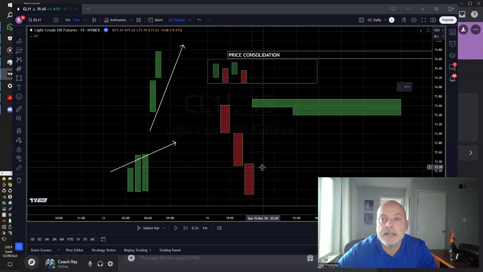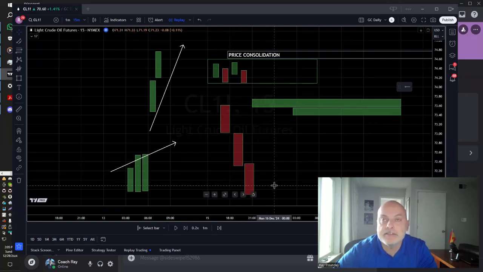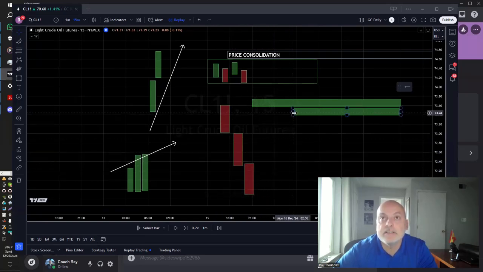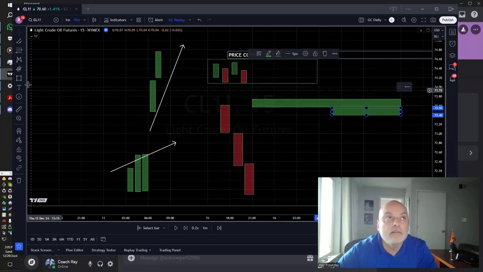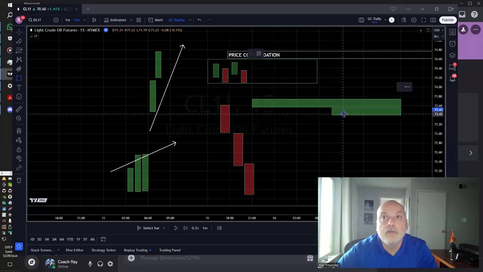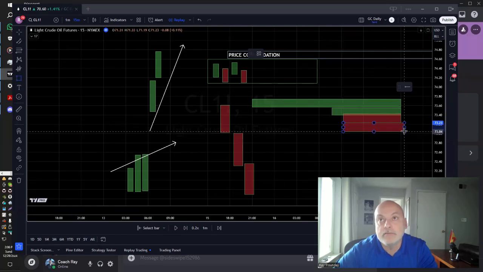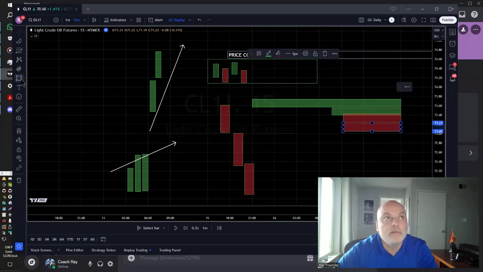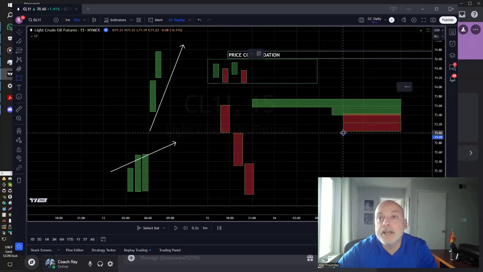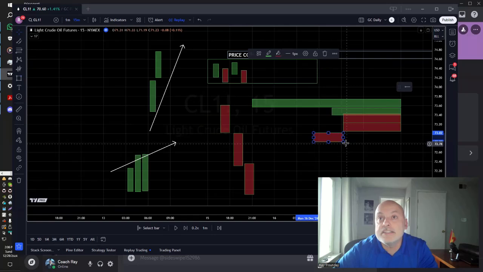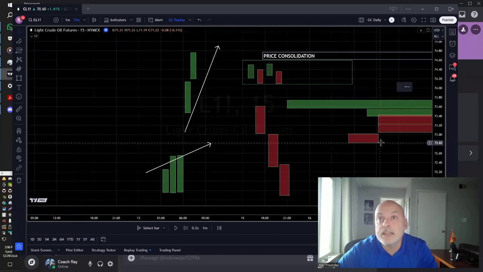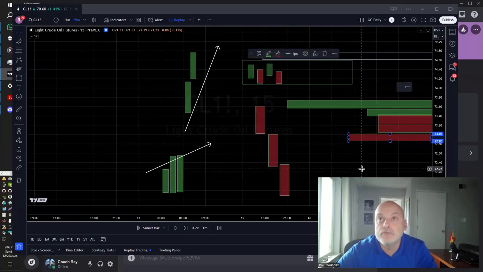In this case, the bears. As a result, there's less volume that's traded when we are in a trend because of the dominance of one side of the market. In this case, the bears are very much in control.